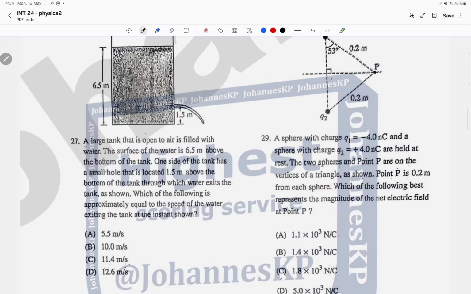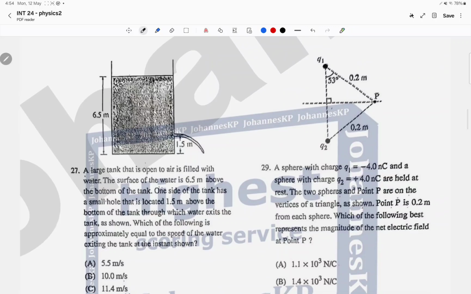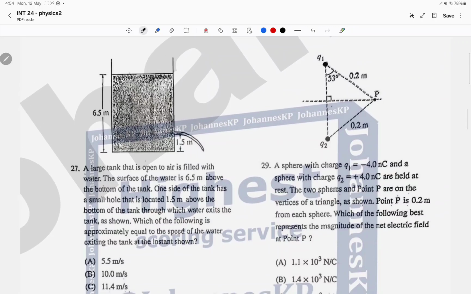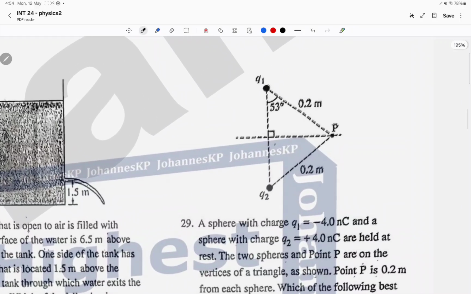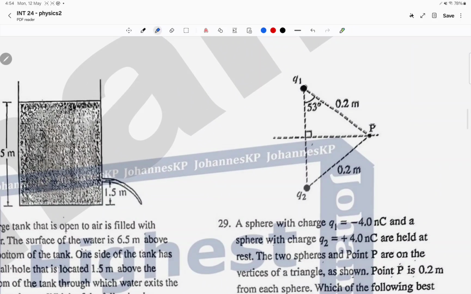29. Little monster. Okay. Field at P. Q1 is negative, the field's going toward it. Q2 is positive, the field's going away from it. So here we're going to be drawing it this way. So the net field will be going like this, correct?